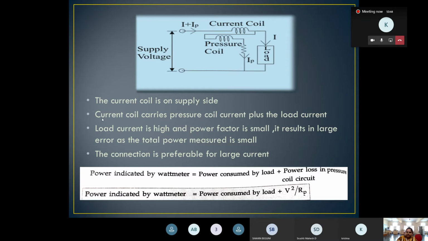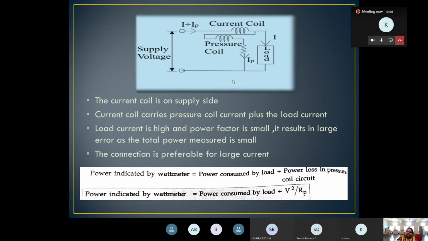The current coil carries the pressure coil current plus the load current, that is I, due to this connection where the current coil is connected towards the supply side.